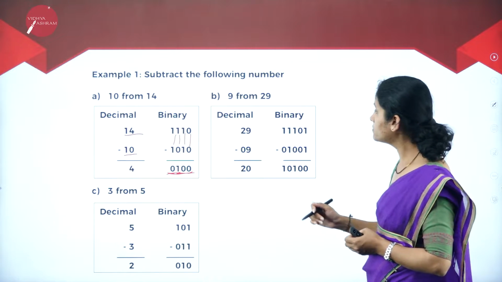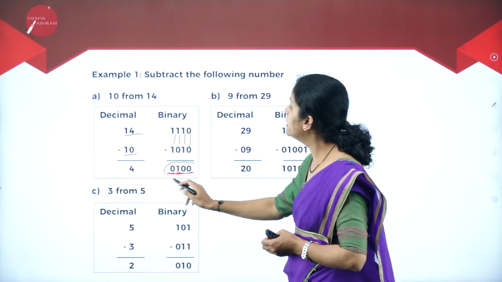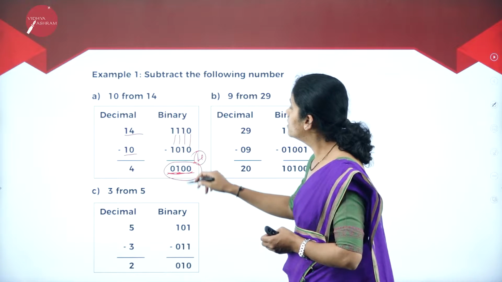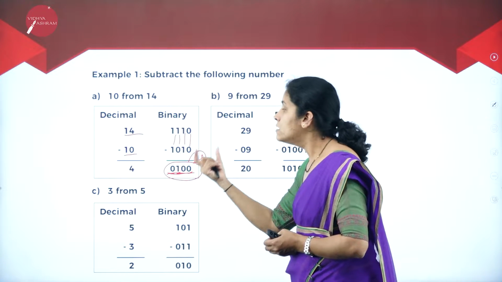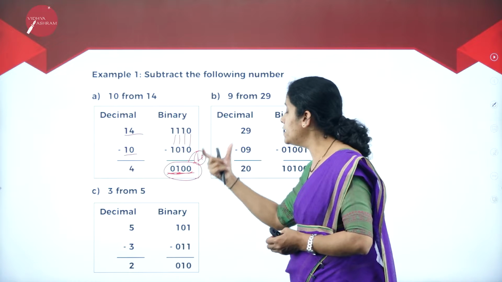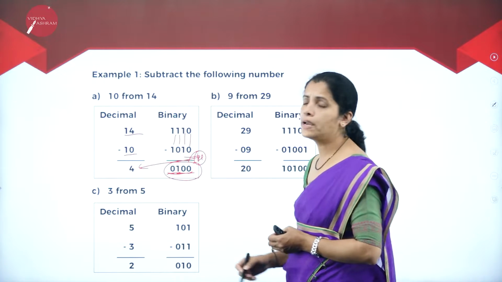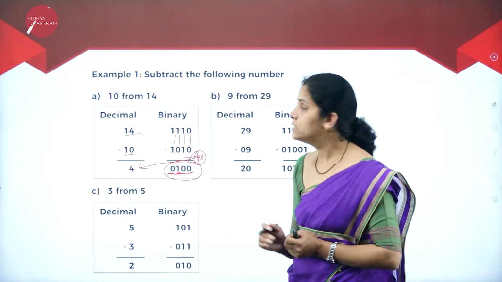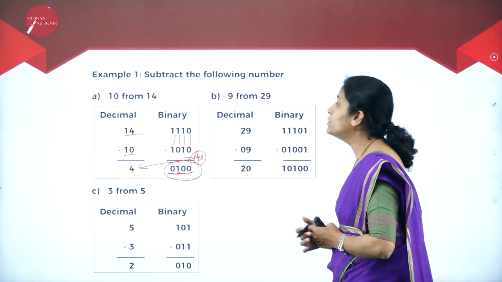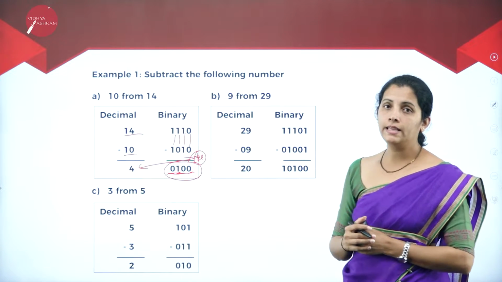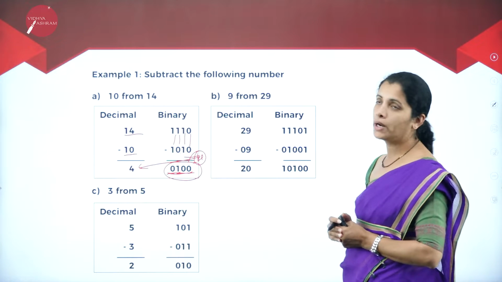If I convert this binary to decimal, it is 4. Here 4 and 4 both are the same, so it is correct.